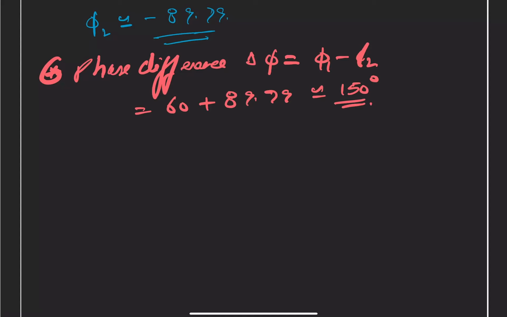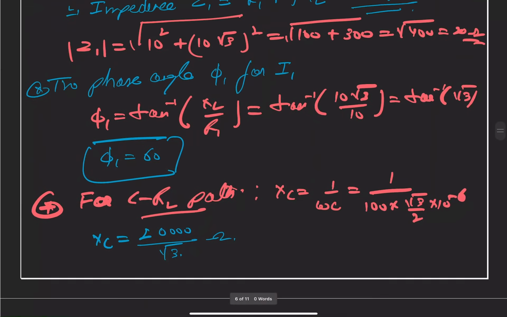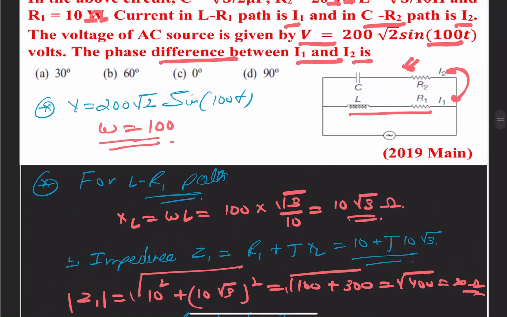So this is the approximate phase difference between I1 and I2. In this case, none of the options is the correct one. So here the correct option should be 150 degrees.